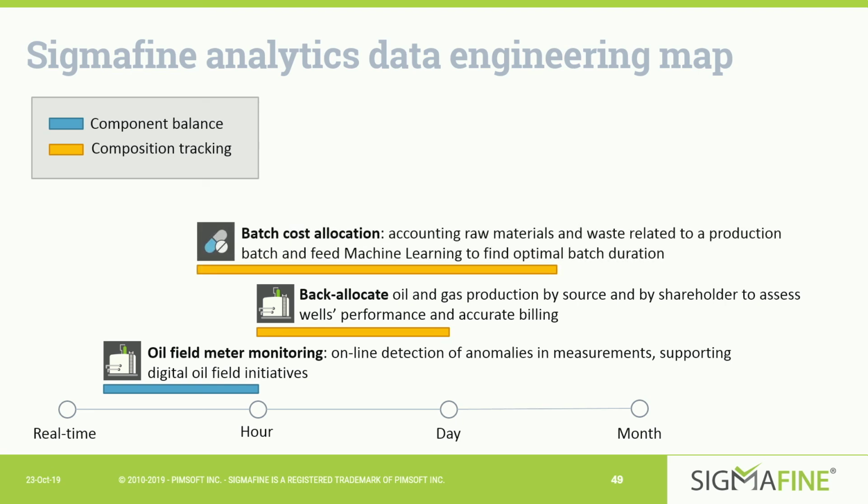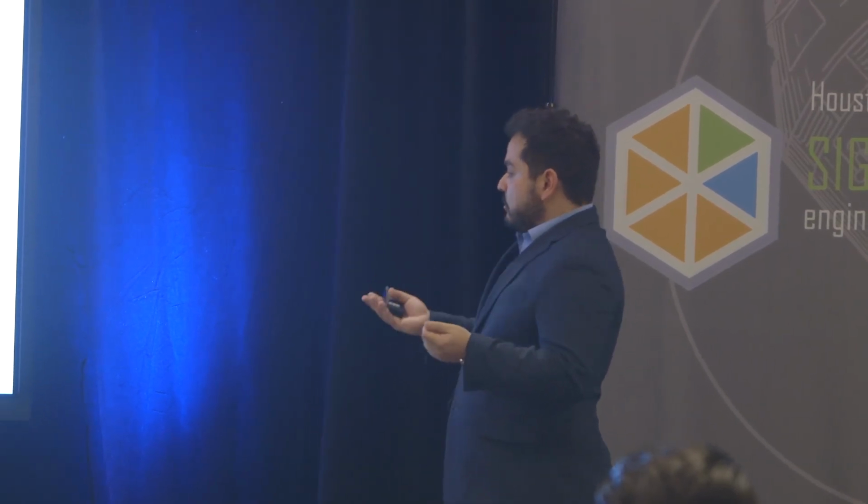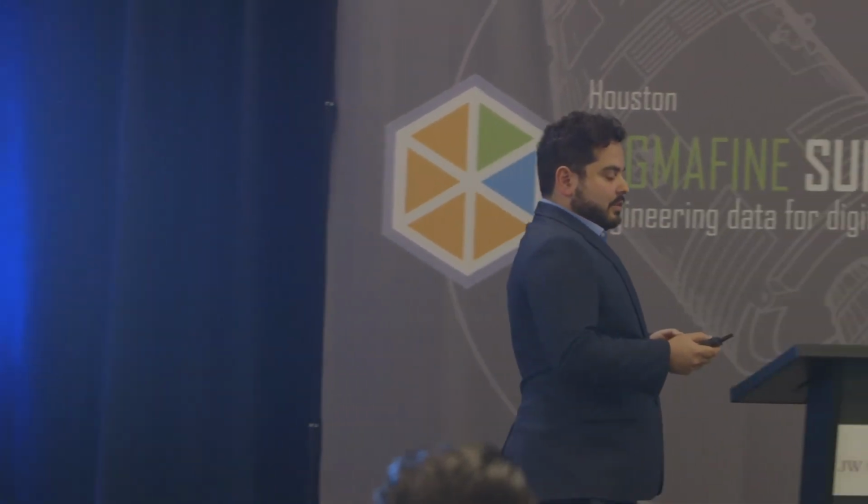We looked at the batch cost allocation problem where we were able to, with composition tracking, better estimate the true cost of our production batch. And this can be run hourly, daily, for the duration of your batch process, whatever application we need.